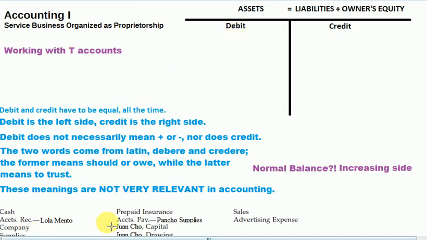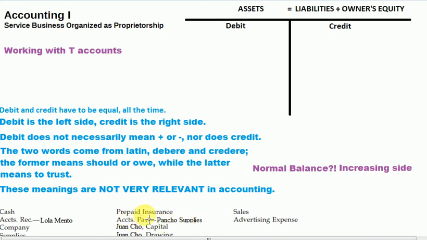Now, let's take a look at account payable. Account payable is the opposite of account receivable. Account payable is your liability. It is a debt you have to pay. That's why it's called account payable.